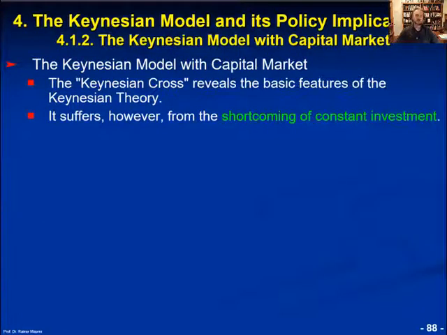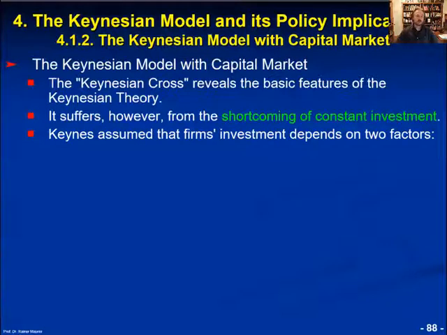The Keynesian cross, which we have derived in the last lesson, reveals the basic features of the Keynesian theory. It suffers, however, from the shortcoming of a constant investment level.